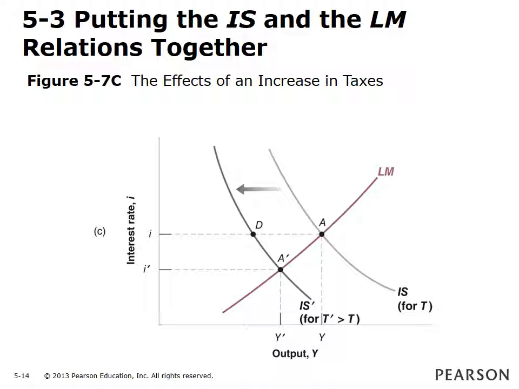Now, consider the impact of an increase in taxes on the components of demand, C, I, and G. Consumption will definitely be lower since disposable income is lower. G is unchanged by assumption. The effect on investment I is ambiguous, because a lower interest rate will increase investment, whereas lower Y will decrease investment.